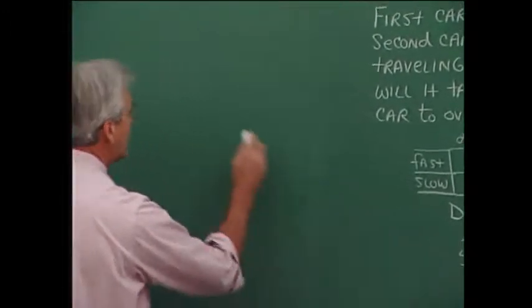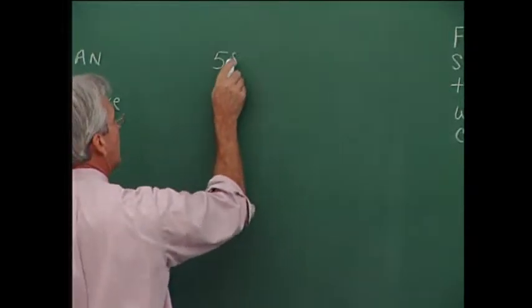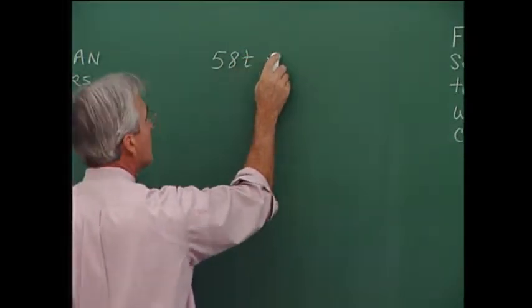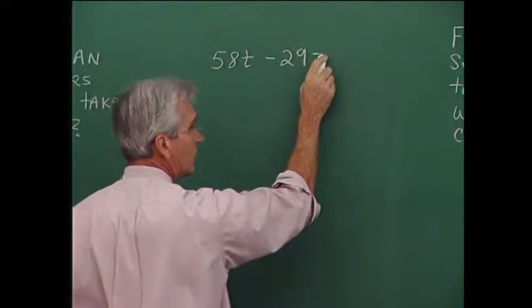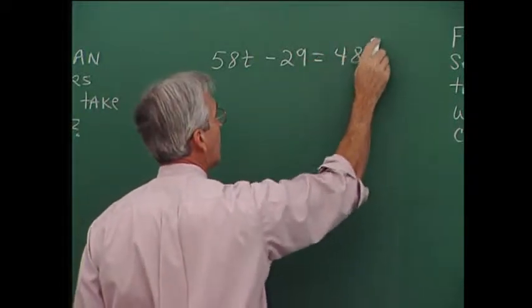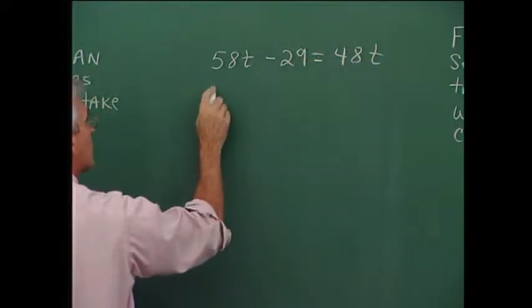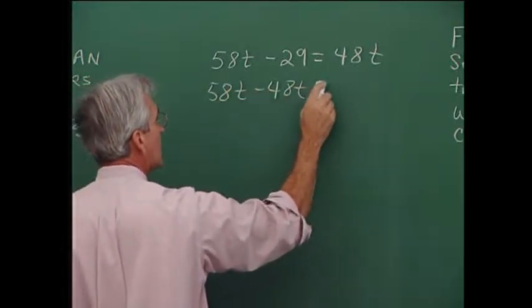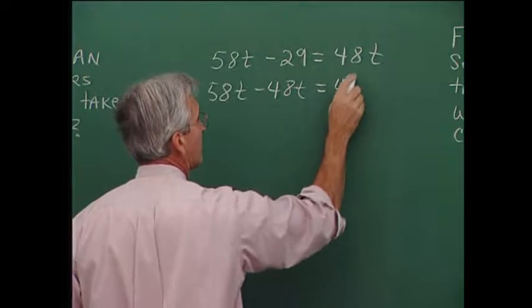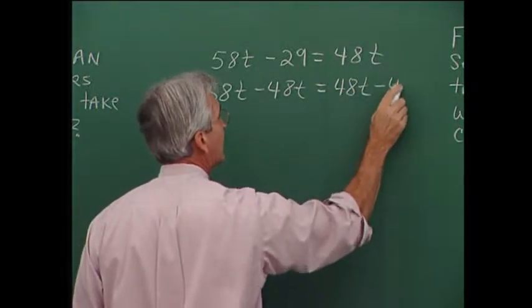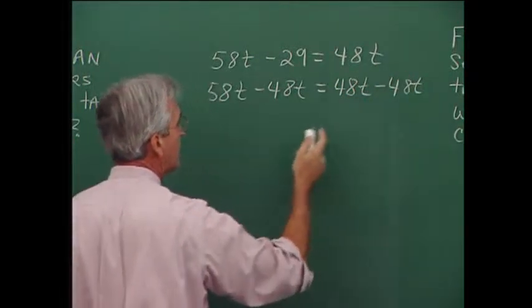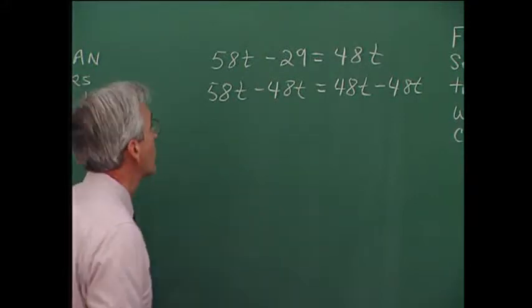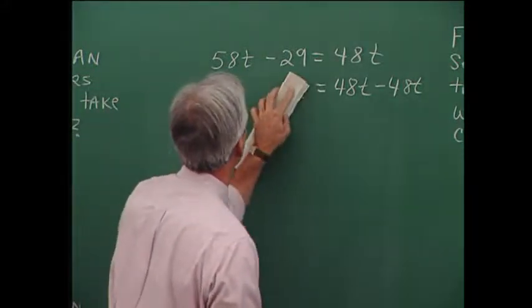So we have, I'll just repeat the step that I have down there. I have 58t minus 29 equals 48t. I'm going to kick the variables over here. 58t minus 48t equals, and I'm doing this by subtracting 48t on both sides. Oops, I left out the 29.